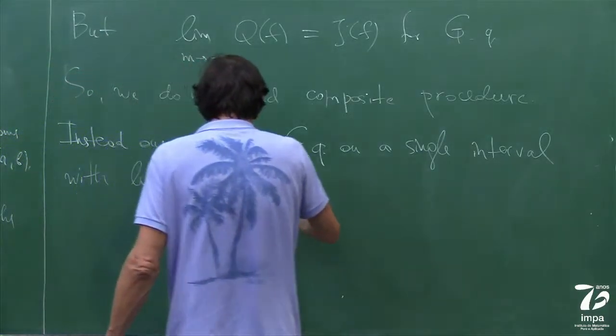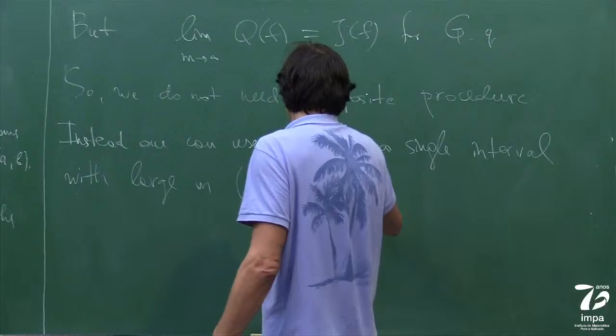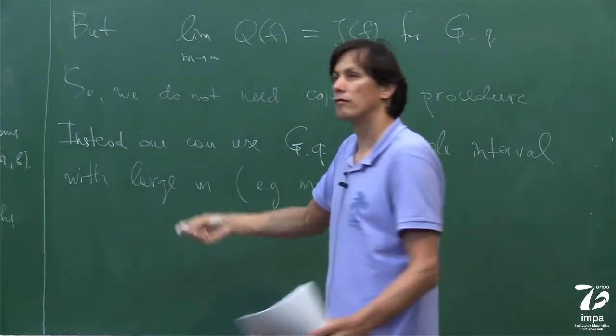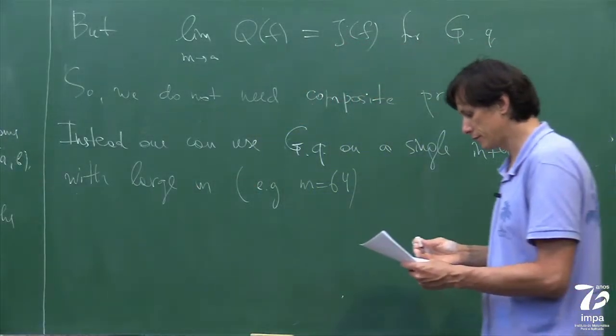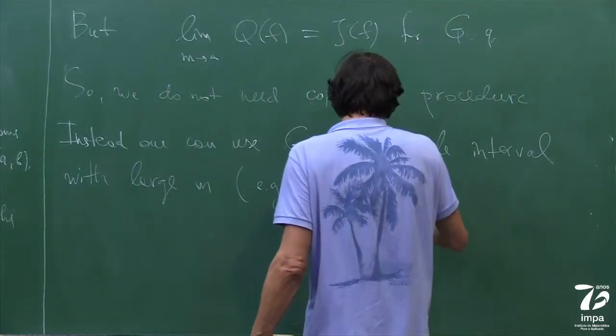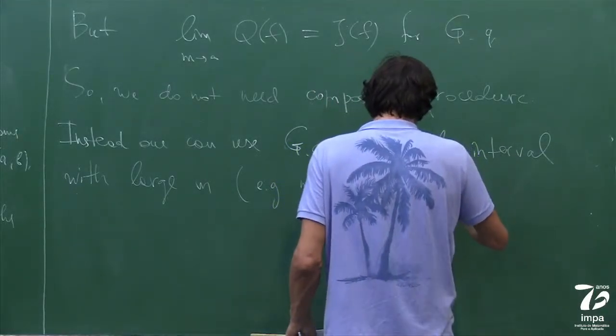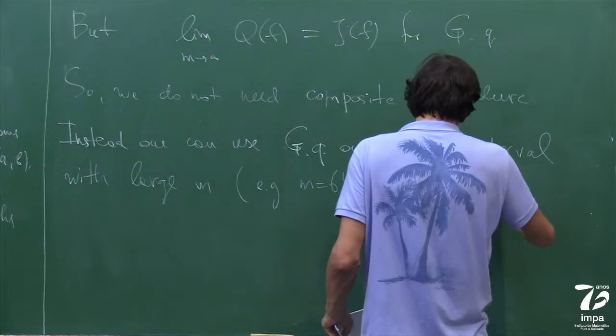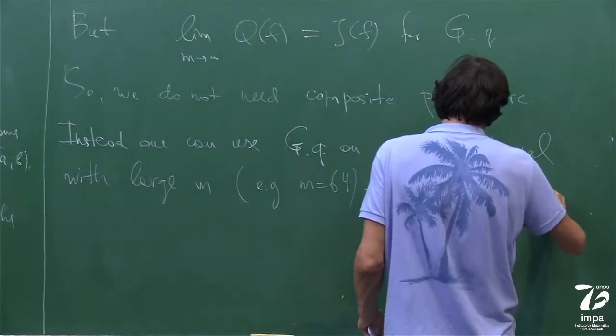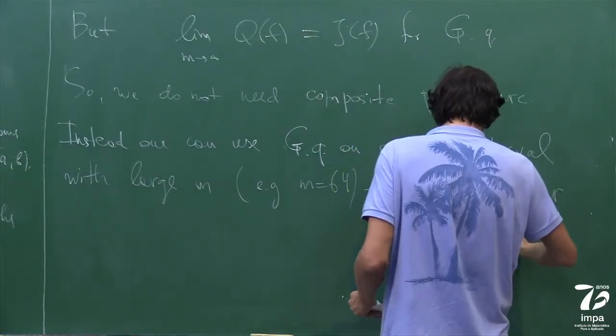For example, let's take m equals 64, and this gives you a very high order method.